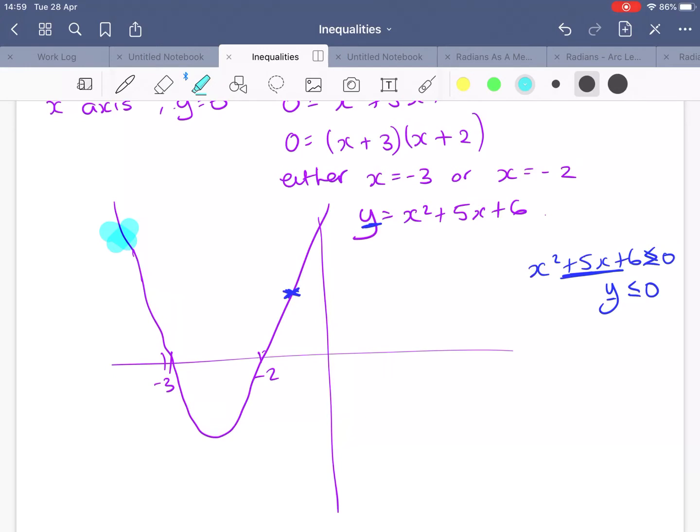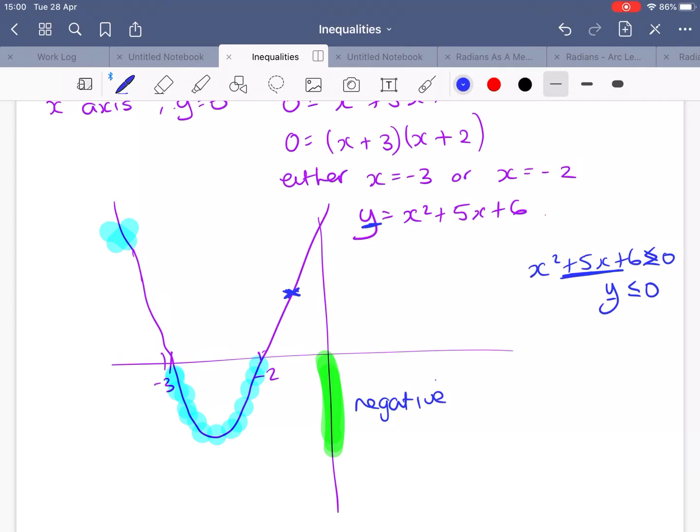So what about here, or here, or here, or here, or here? If you think about all the points down here, the y value is going to be less than 0 because your y values are all negative because it is below the x-axis.